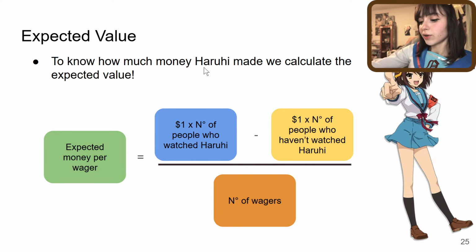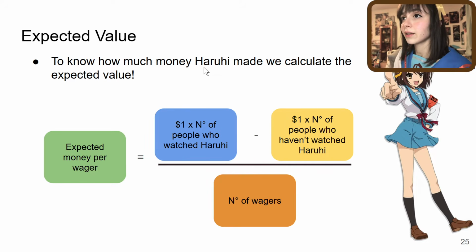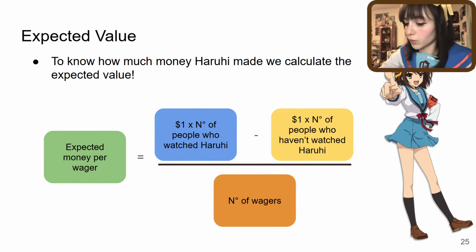So how do I know how much money Haruhi is making or has made? By calculating the expected value of the money made, which here is the expected money made per wager.